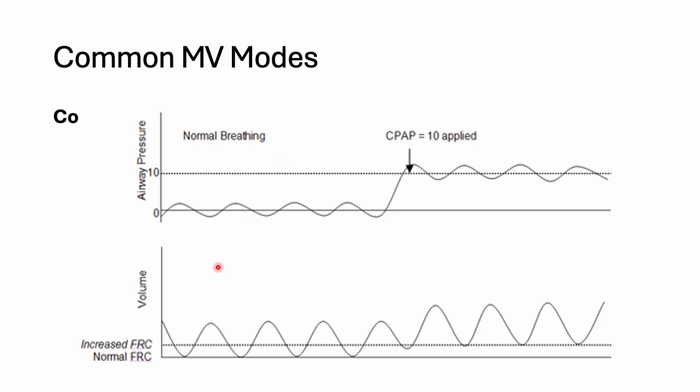When you look at the graph below, this is a volume time graph. We are using this to correspond to the pressure time graph above, the volume time graph below, and we look at each breath. You breathe out, your volume drops. You breathe in, volume increases.